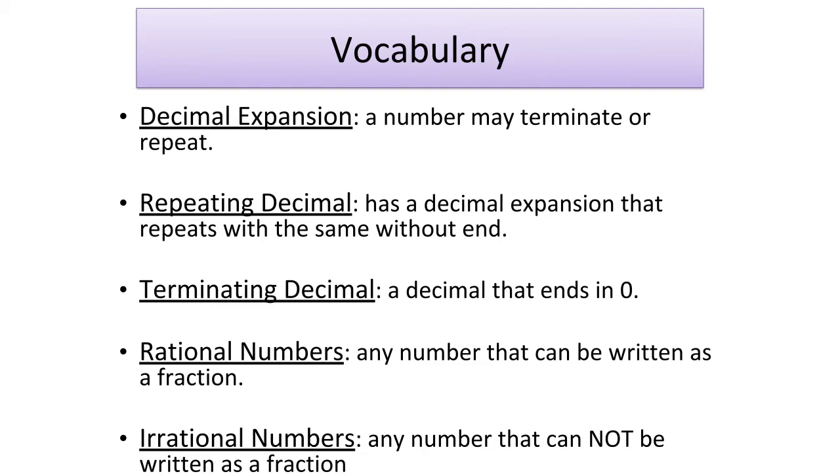A repeating decimal will be shown with either a bar over the part that is repeated, or it may be shown with an ellipsis, where we show what's repeating and we end it with 3 dots. A terminating decimal is simply one that ends. It could end in a 0. That means if I have 6.3, the next number after that is going to be a 0.